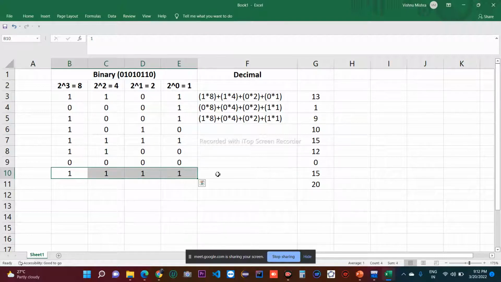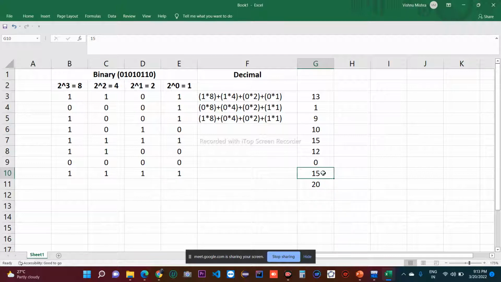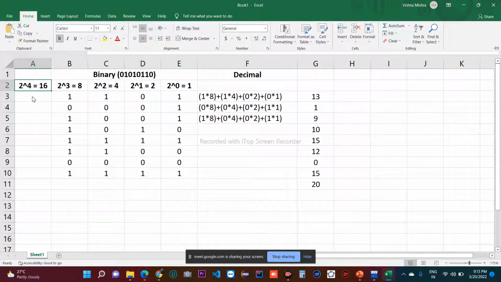From 4 bits, we can write a decimal equivalent of at most 15. So if you want 20, what will we do? We will add one more bit. So our next bit will be 2 to the power 4. What is 2 to the power 4? It is 16. Correct?